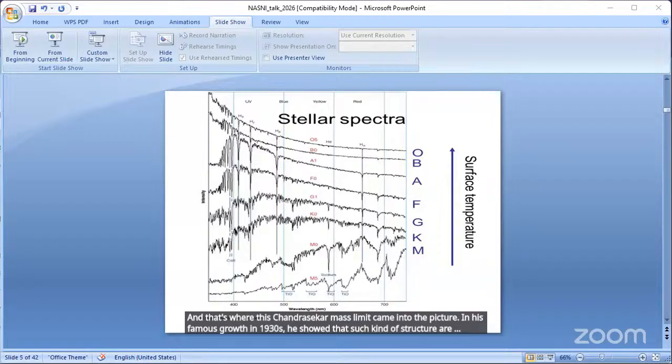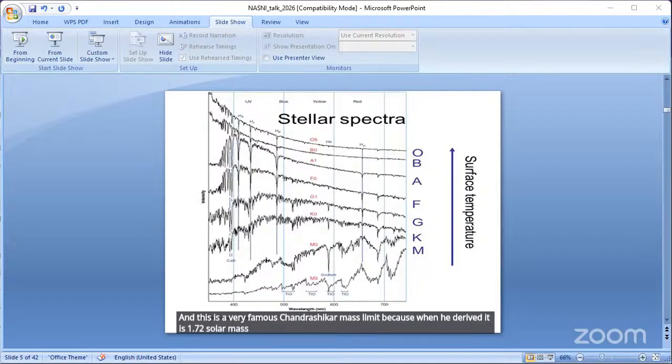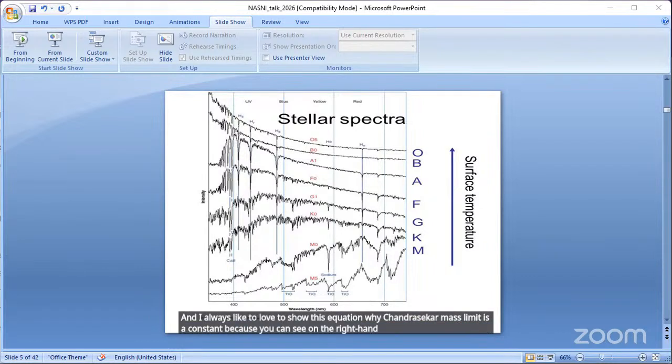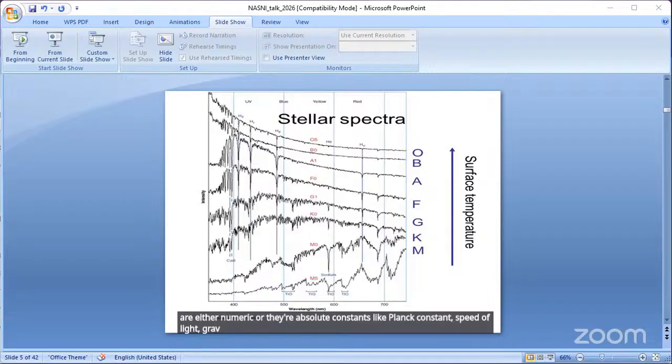And this is the very famous Chandrasekhar mass limit, because when he derived it, it was 1.72 solar mass. And I always love to show this equation, which shows why the Chandrasekhar mass limit is a constant: on the right hand side, all terms are either numeric or absolute constants, like Planck constant, speed of light, gravity, mass of proton, pi.